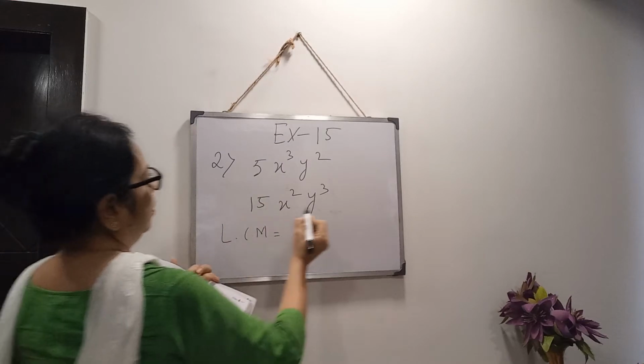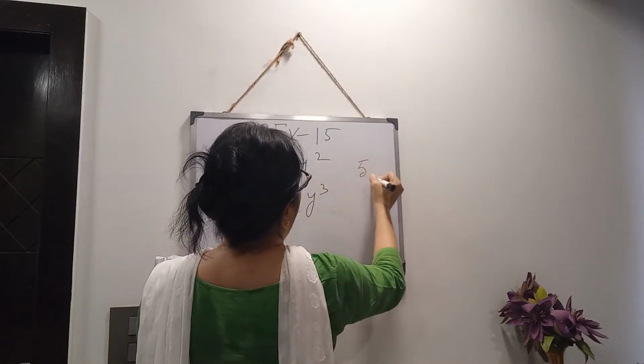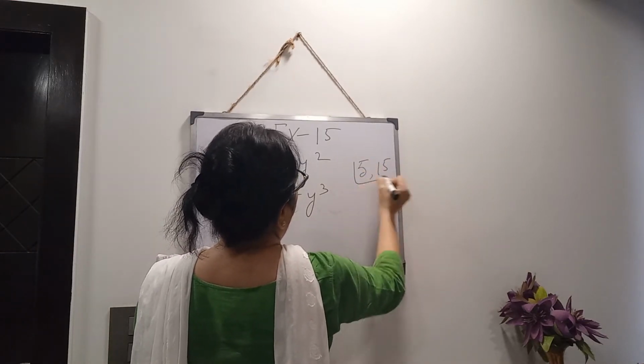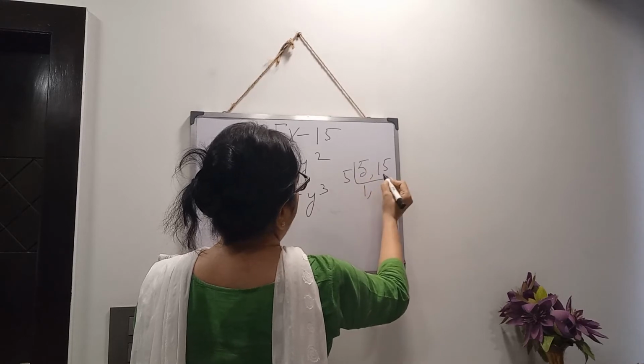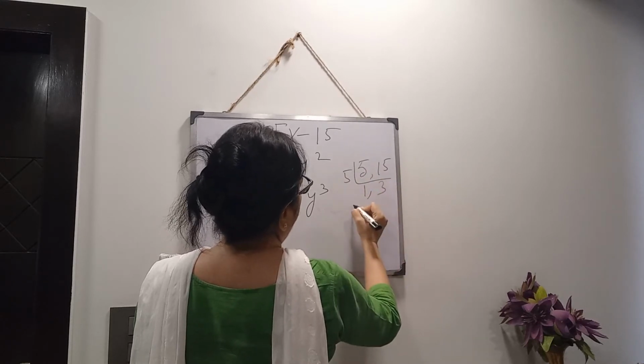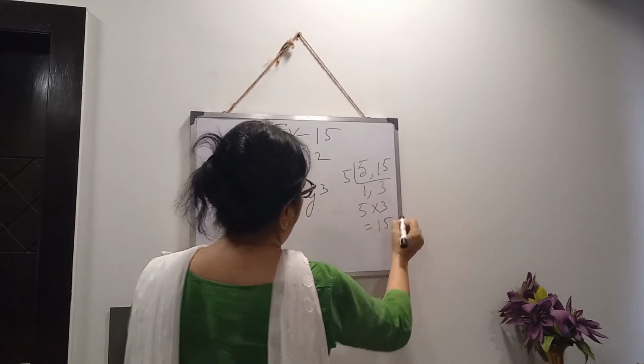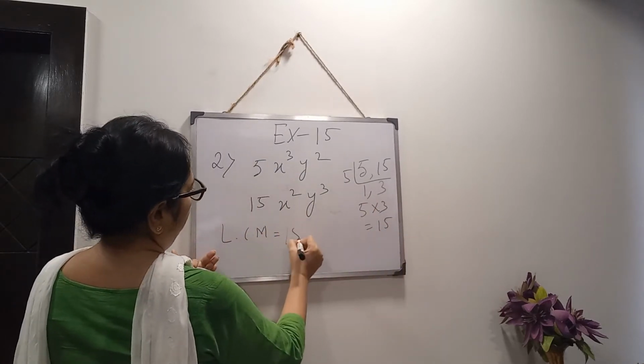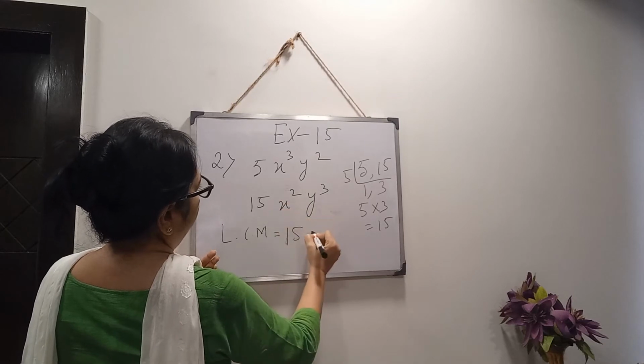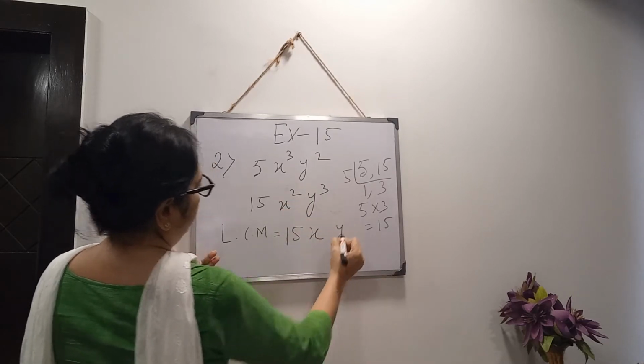For 5 and 15, how do you calculate the LCM? In this way you have done in class 7. So the LCM is 15, 5 into 3, 15.